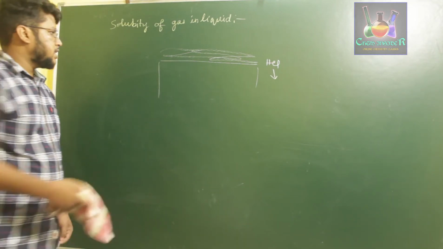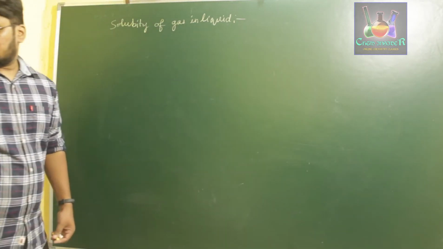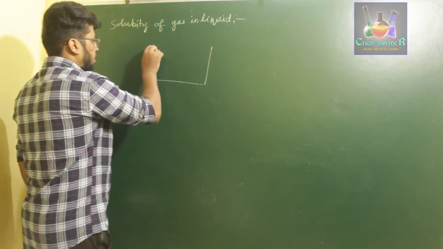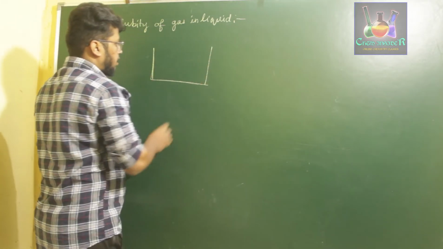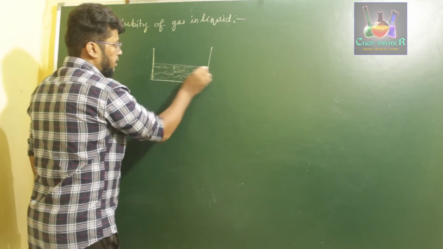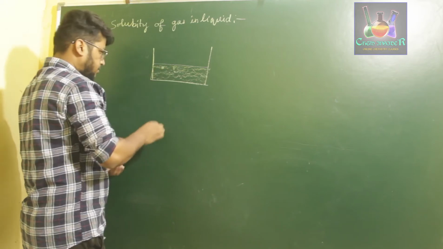So, let us consider a system where we have a closed container. Let us consider this is a container, and in this container we are taking the solvent at the bottom. Okay, we have the solvent here, and it has a certain amount of particles such as like this.